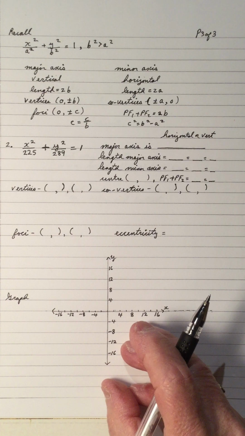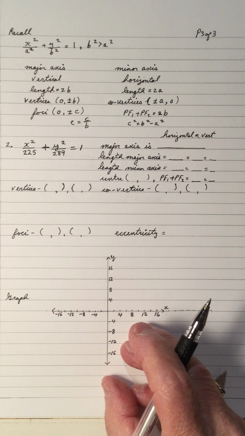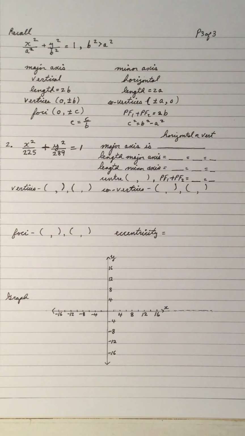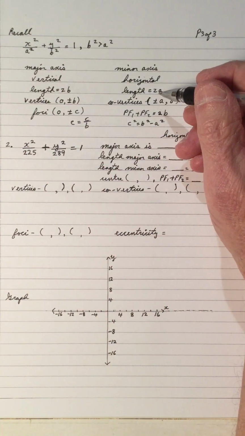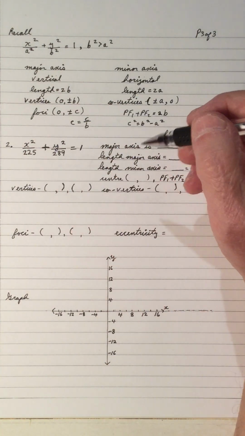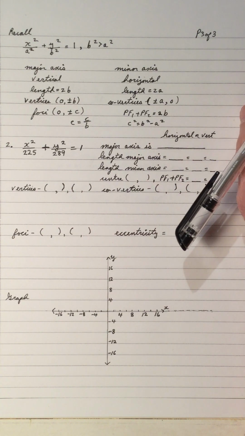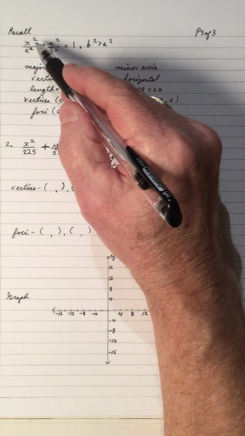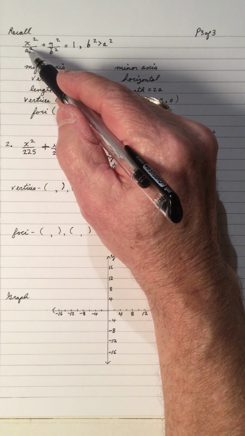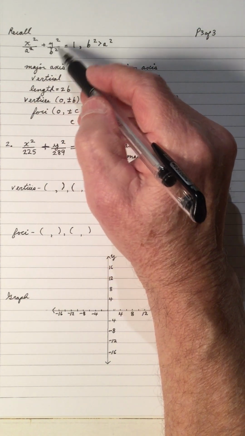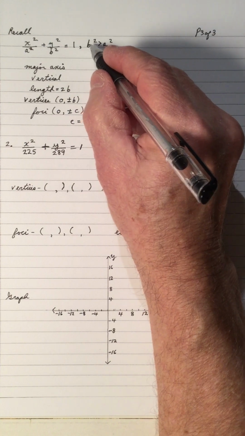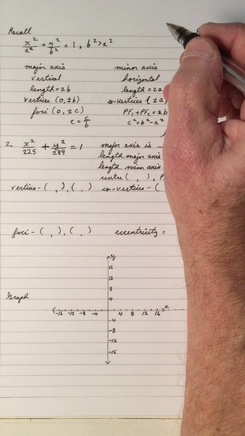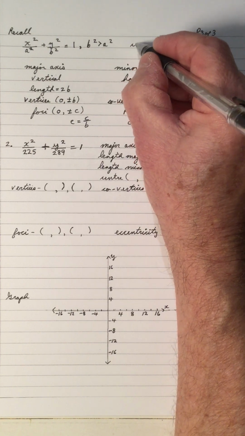Again, recall from the algebra chapter, algebra unit 2, we have a chapter on conics. This is why I say recall, because I discussed all this, but I didn't have foci in it. So I'm doing it all again with foci, because now foci can make it a little bit confusing. So recall x squared over a squared plus y squared over b squared equals 1, where a squared and b squared are greater than 0.